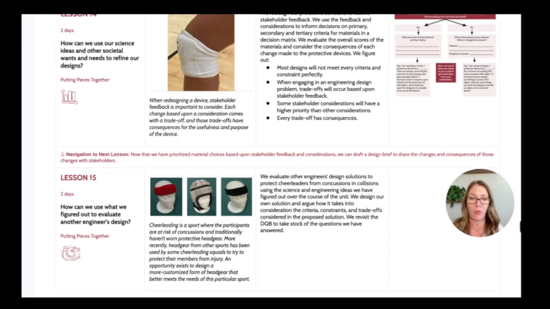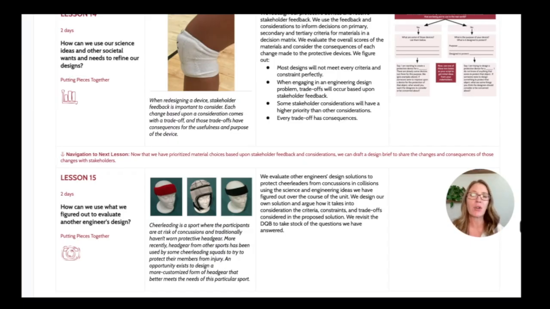In lesson 14, we introduce the idea of stakeholders, and that stakeholder feedback is important when you're designing a solution to an engineering problem. So thinking about, what would the end user want in a cell phone case, or what do you want to consider as being important? And we may need to have some trade-offs. So if a consumer really wants a cool looking case, you might have a trade-off with some cushioning materials because people like that harder case look.